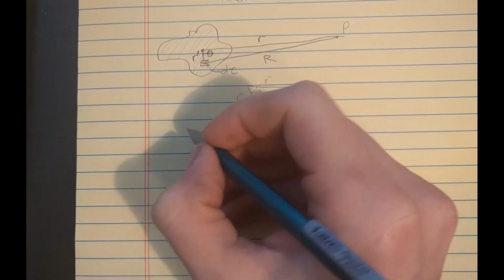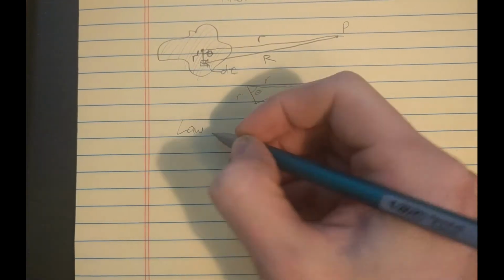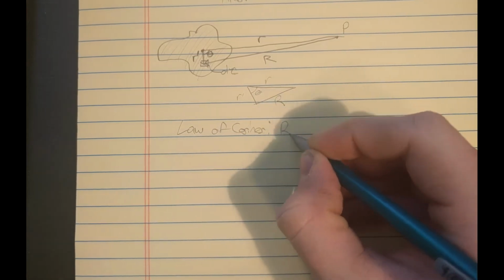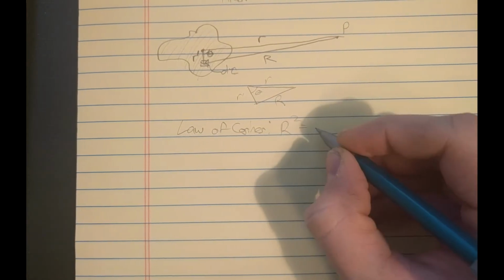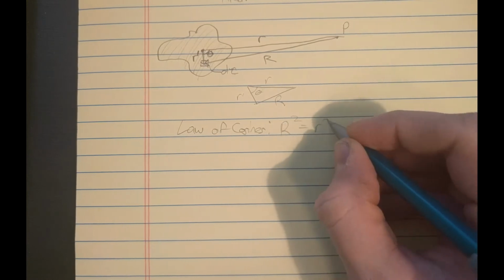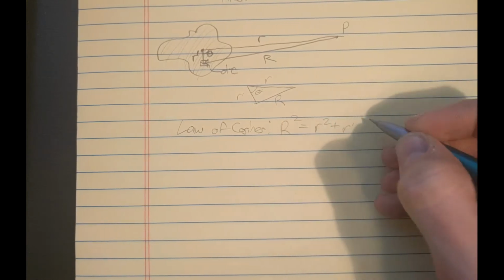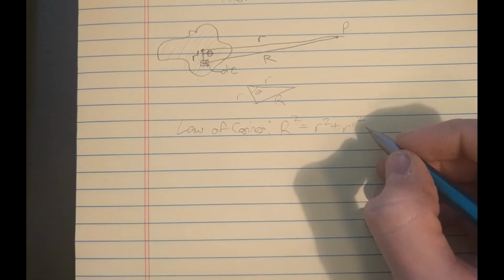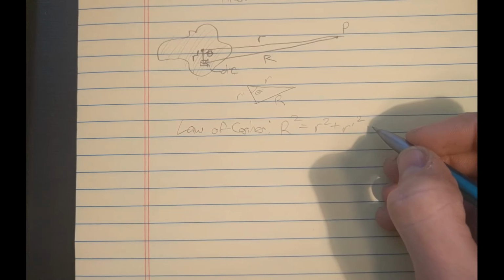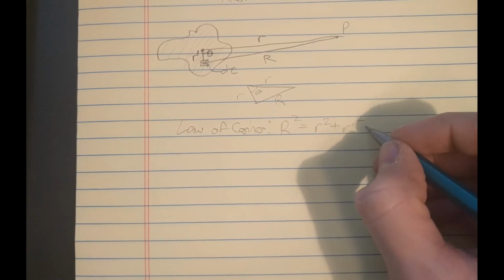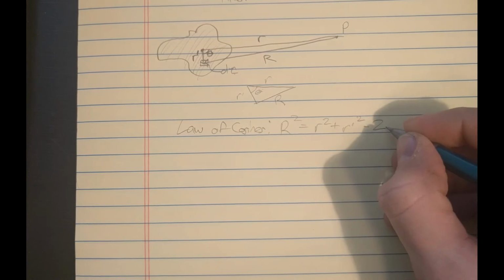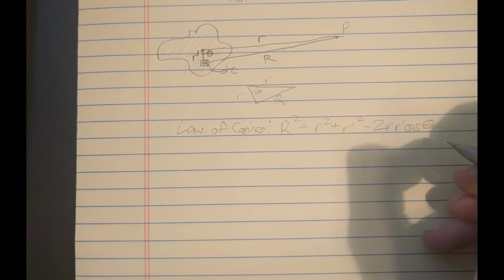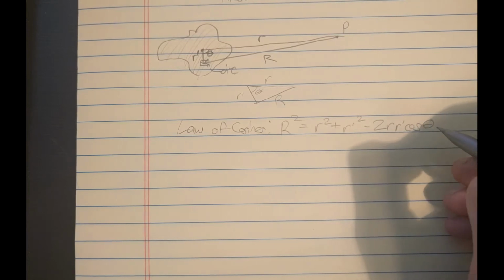Now, the law of cosines says that big R squared is equal to little r squared plus little r prime squared minus 2 times little r times little r prime times cosine theta.